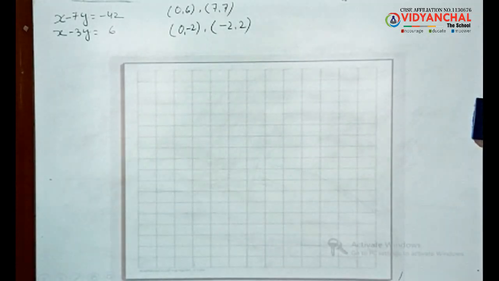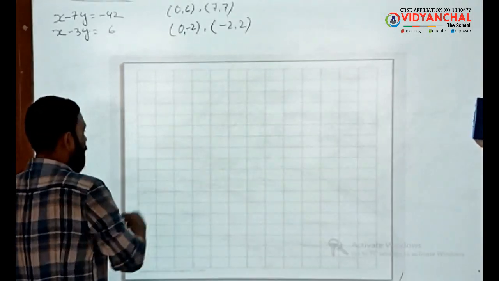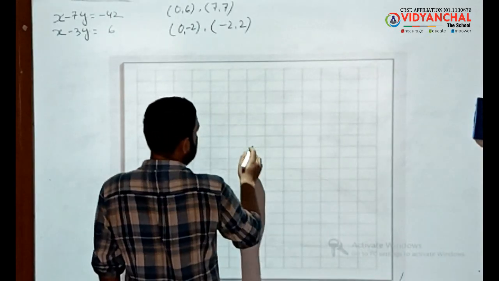Now we have two equations. We have the set of coordinates, and we have the graph page as well. Right? So let's draw this graph.